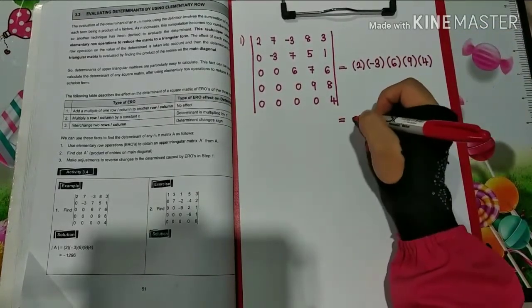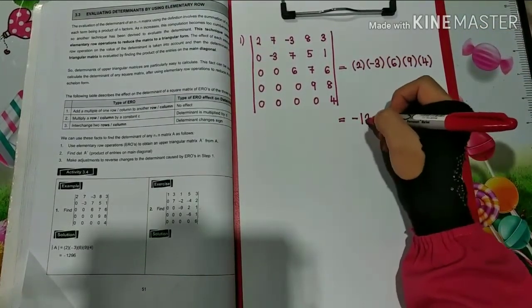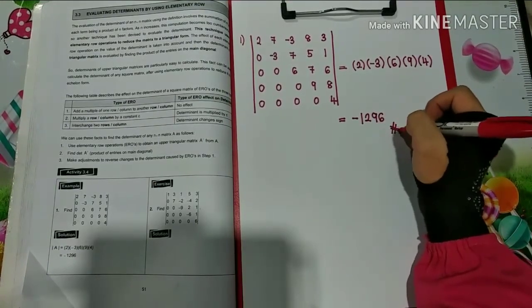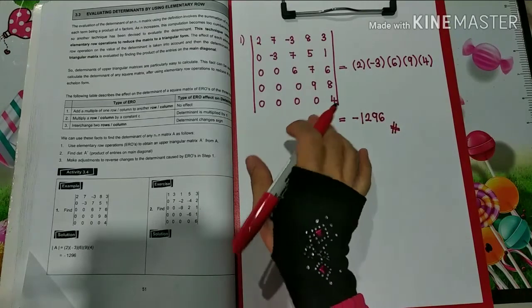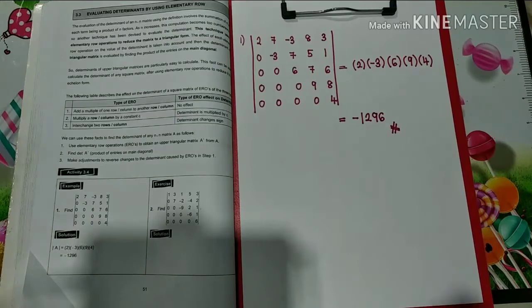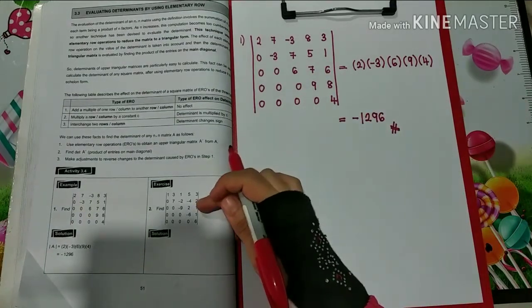So you will get -1296. That's how you evaluate the determinant for an upper triangular matrix. Now you try the exercise question number 2.